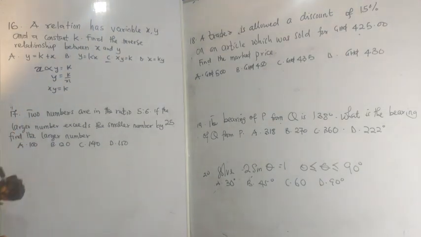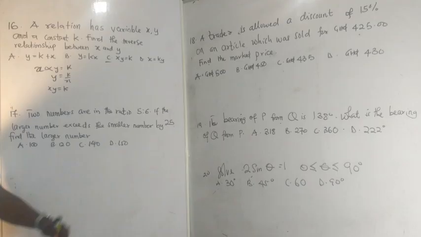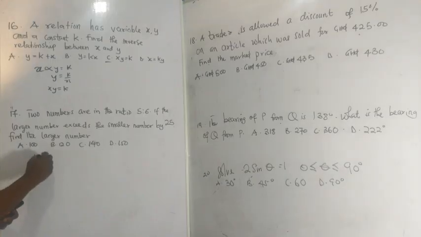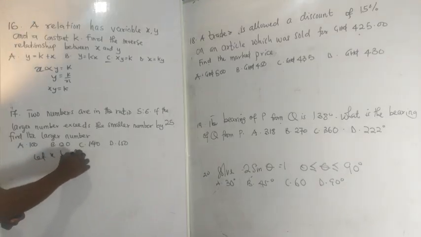Now looking at this question, you have two numbers in the ratio 5:6. If the larger number exceeds the smaller number by 25, find the larger number. So we know the ratio, but we don't know the values that we are talking about. So let x be the number.